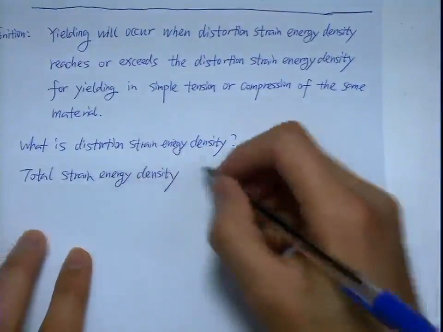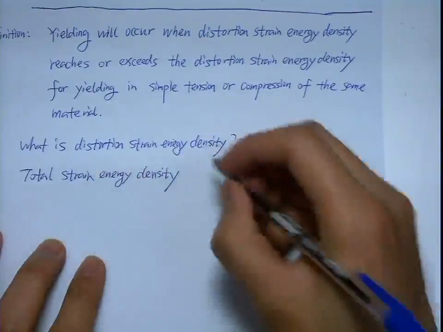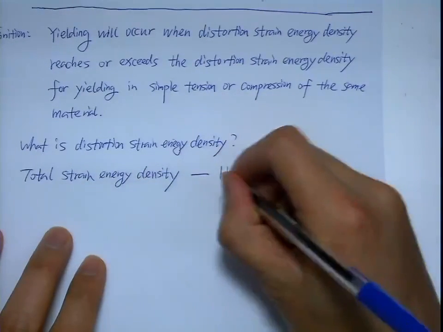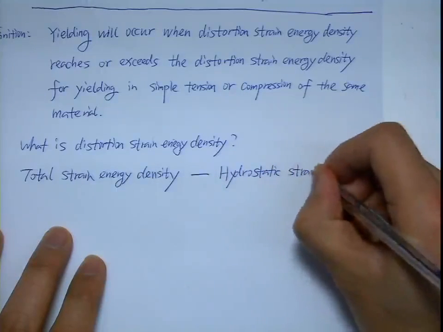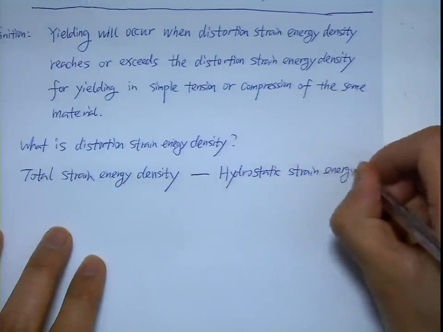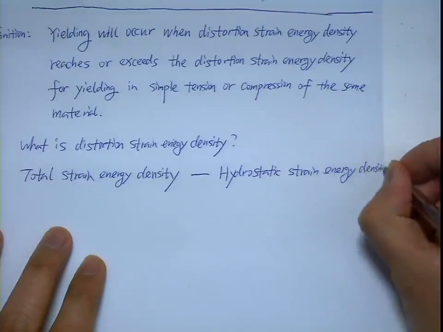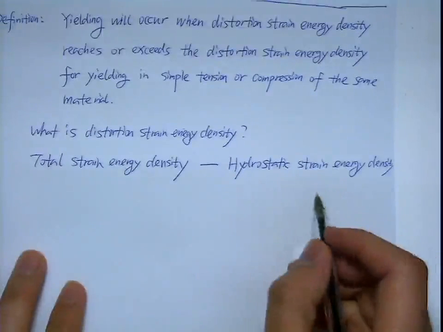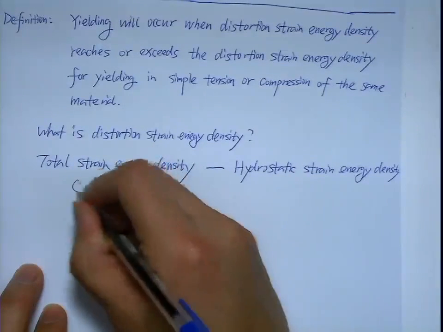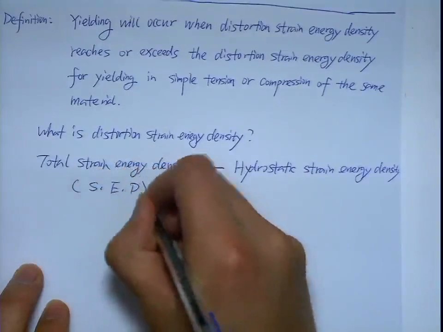Basically, to get this distortion strain energy, you subtract the hydrostatic strain energy density. Now it's making more sense, because we are saying the hydrostatic part doesn't make any contribution to the plastic deformation. So we need to subtract that in an energy form. So that gives you the distortion strain energy density.